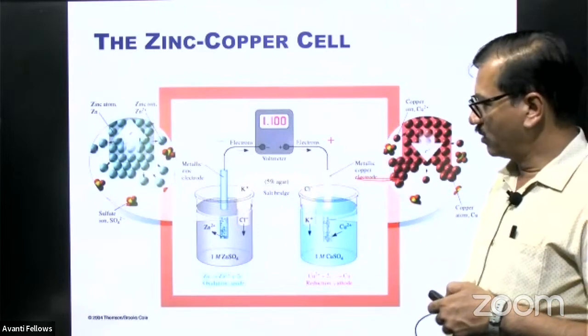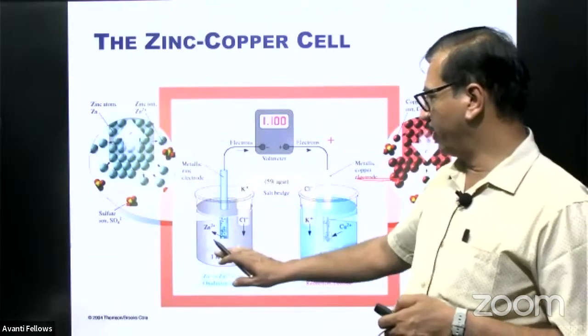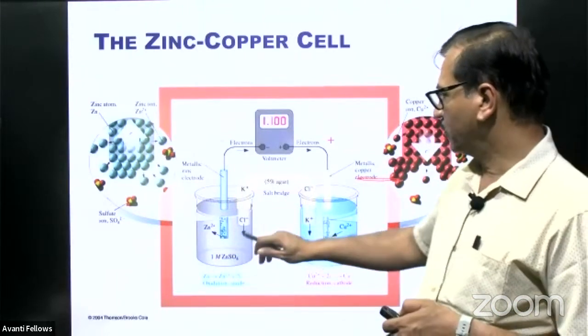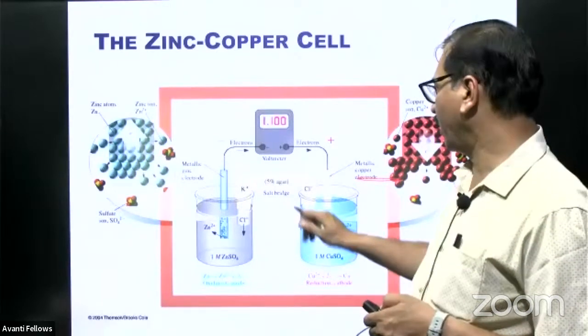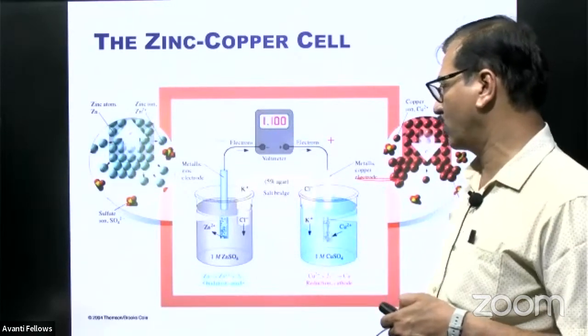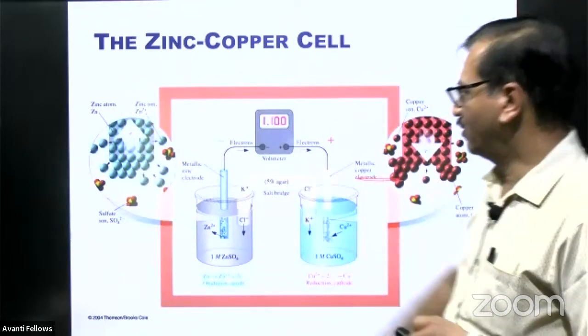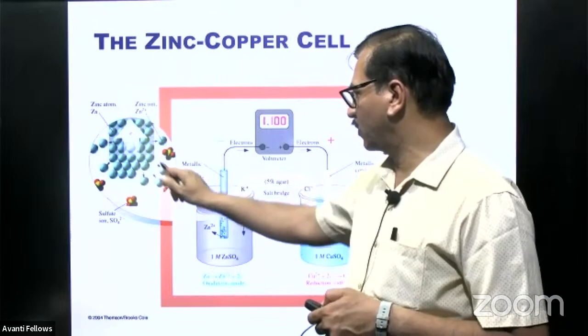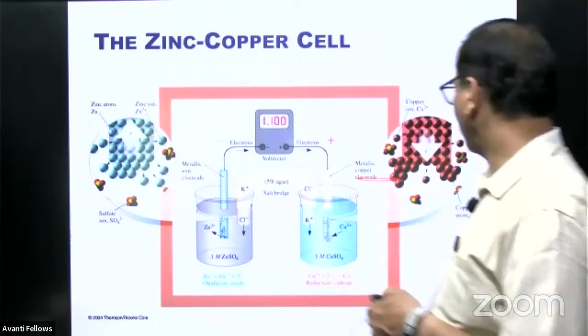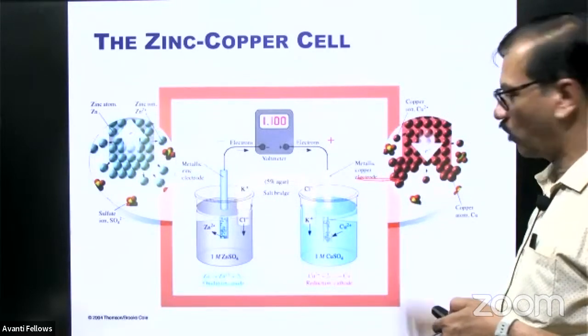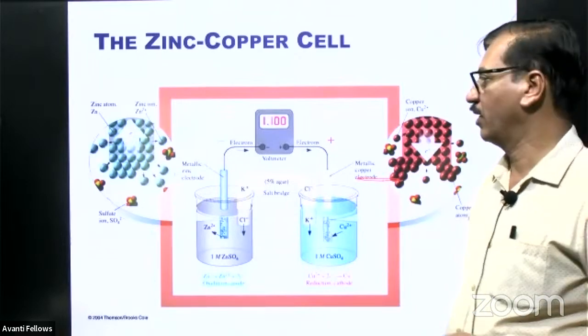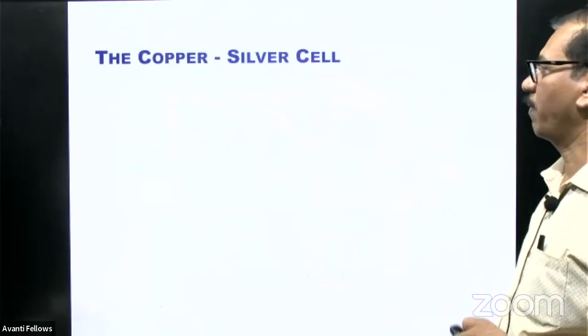At each electrode there are reactions: zinc atoms are converted into ions, and copper ions from copper sulfate are deposited.